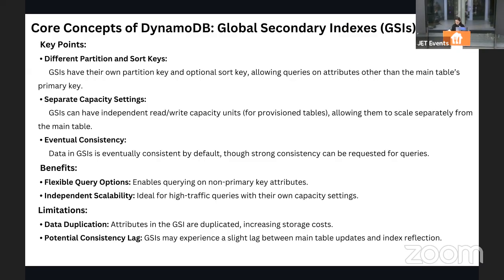And it is eventually consistent, meaning any updates done to DynamoDB will be reflected when you query with the global secondary index only after some time, not right away after the writes.